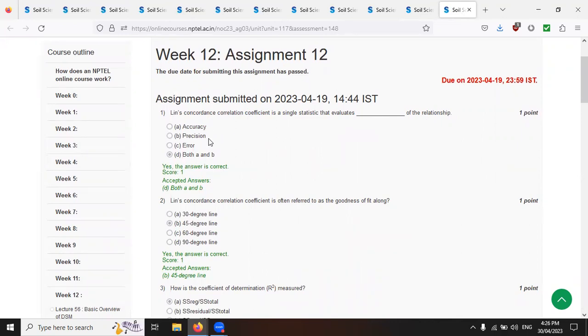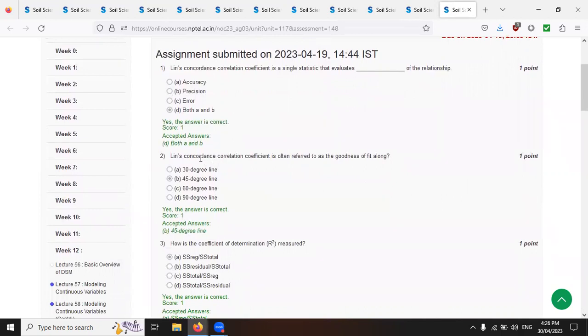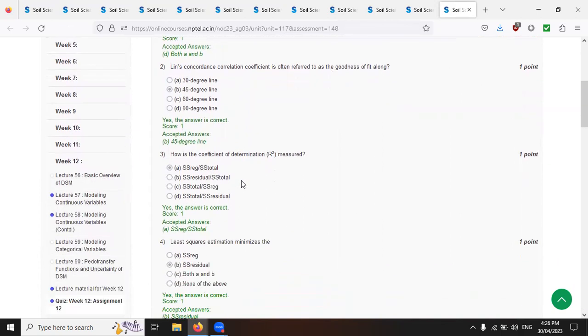Its accuracy and precision. And Lin's concordance correlation coefficient is referred to as what type of goodness of fit along what line, angle? So that's 45 degrees.